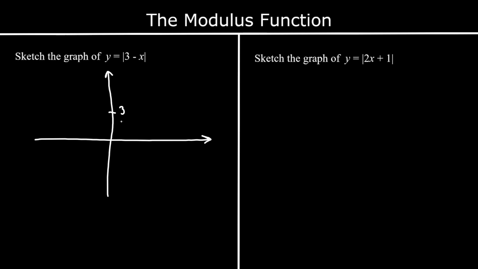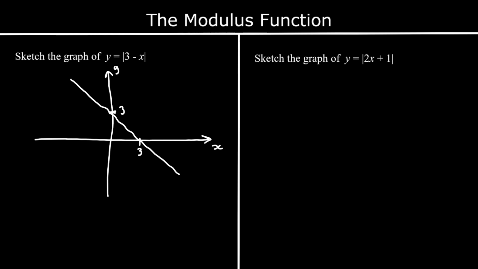For every 1 it goes across, it goes down 1. So it looks something like this, and it's going to cross the x when y equals 0, which will be 3. So that's our original graph.